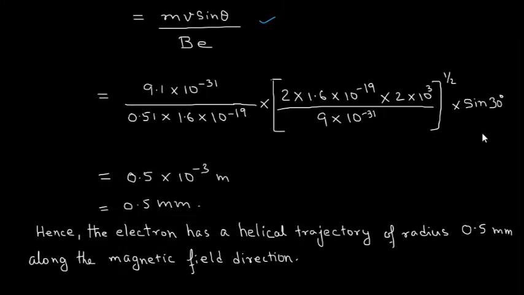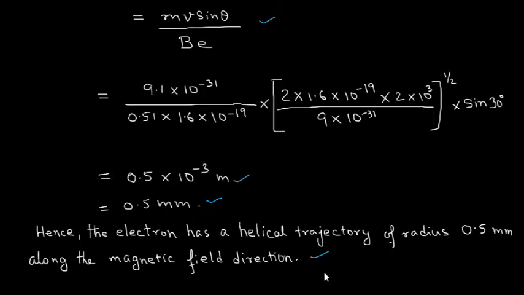Putting the values of m, v sine theta, B and e, and upon solving we get 0.5 multiplied by 10 to the power minus 3, that is 0.5 millimeter. Hence the electron has a helical trajectory of radius 0.5 millimeter along the magnetic field direction.